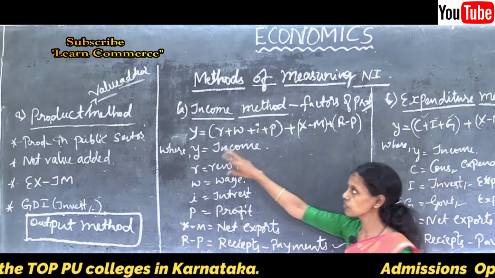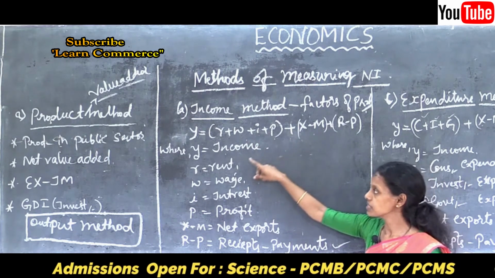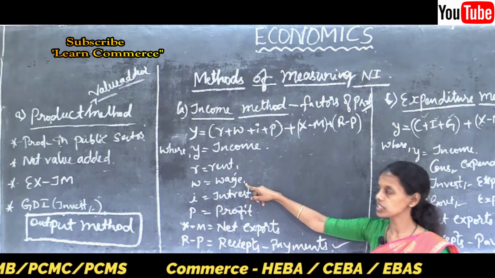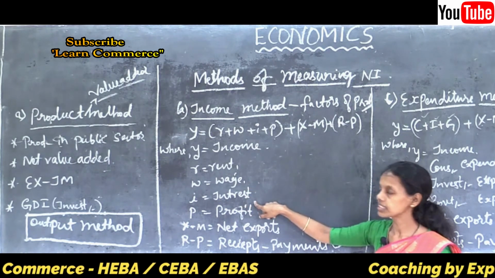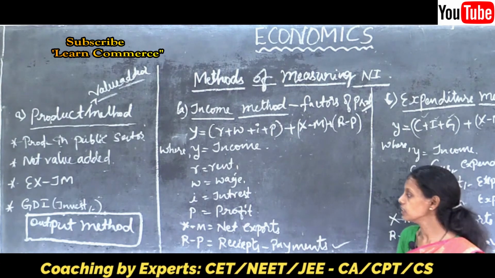Through the equation Y is equal to R W I P. R means rent to land, W means wage, reward given to the labor, I is interest, and P is profit received by the firm.